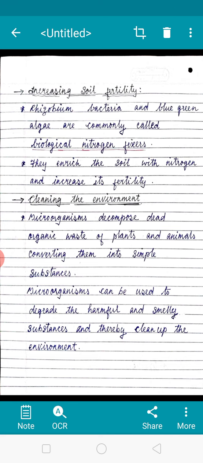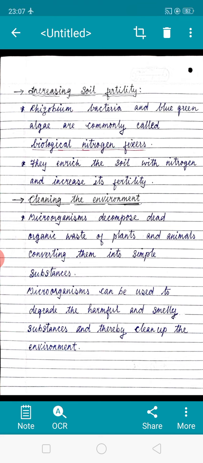And microorganisms are very useful in cleaning the environment. Microorganisms decompose dead organic waste of plants and animals and convert them into simple substances. These substances are again used up by other plants and animals.